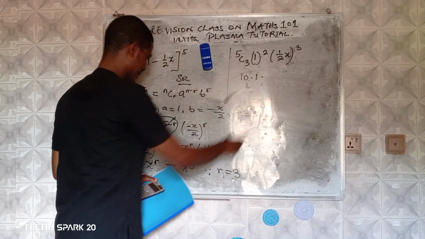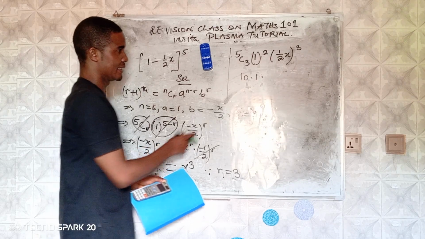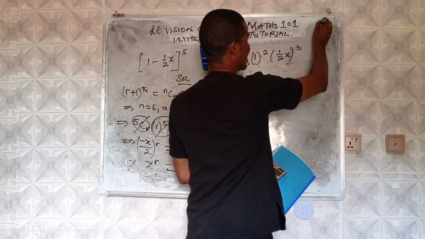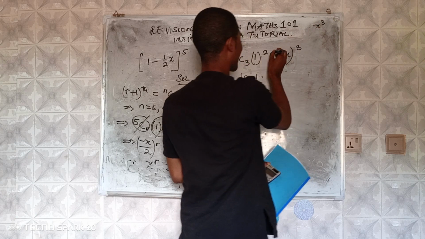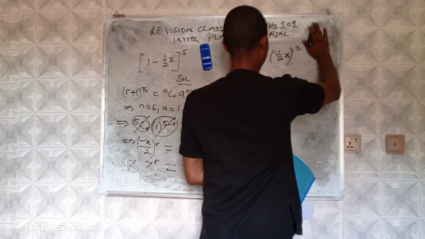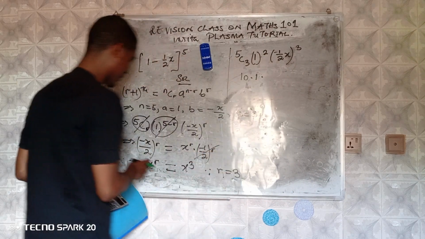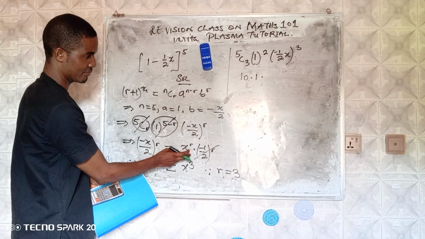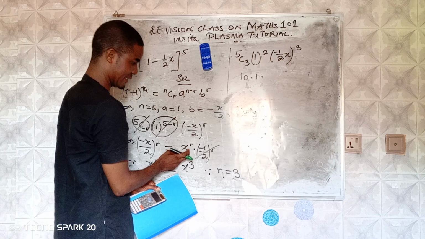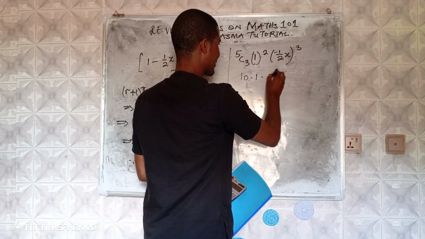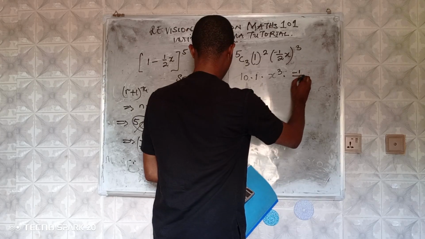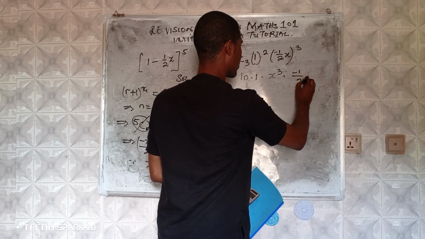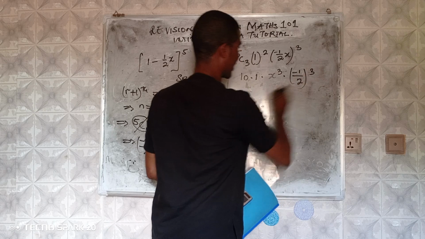Remember that this is the same thing as writing x raised to power 3, carrying the minus. This now, bring it down here. It's like this. So I have x raised to power 3 times minus 1 over 2 raised to power 3.